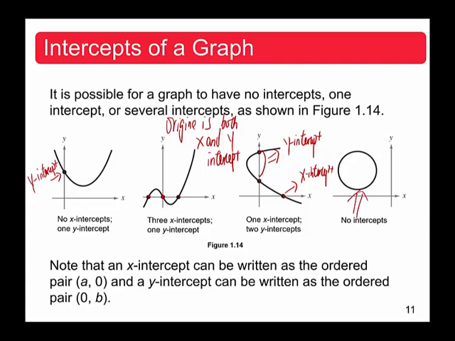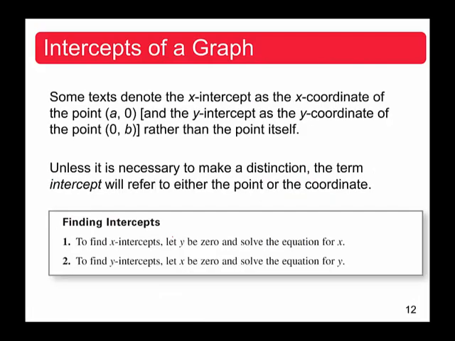And typically, for simplification reasons, you can just put the x-intercept as ordered pair a comma 0, and the y-intercept as ordered pair 0 comma b. So that means for the x-intercept, y value is always 0, right? For the y-intercept, x value is always 0. So this is a very crucial aspect of both intercepts.